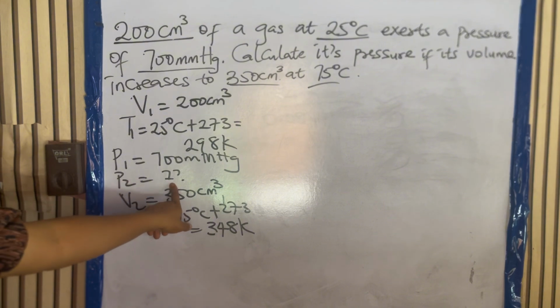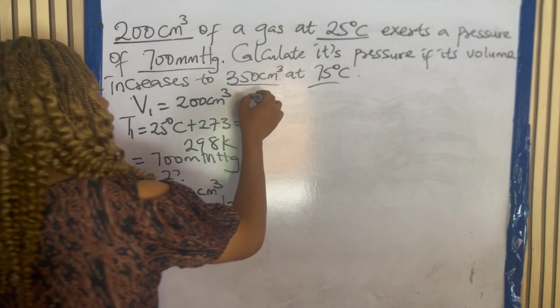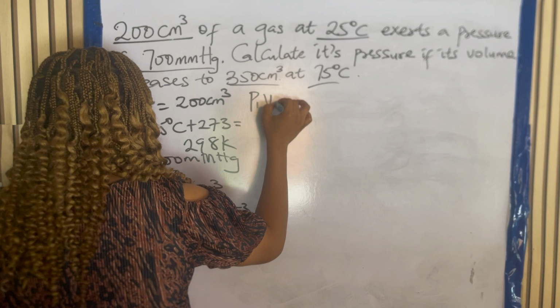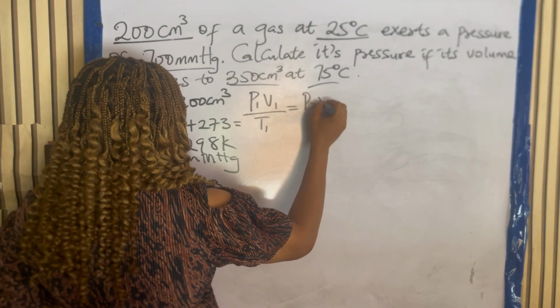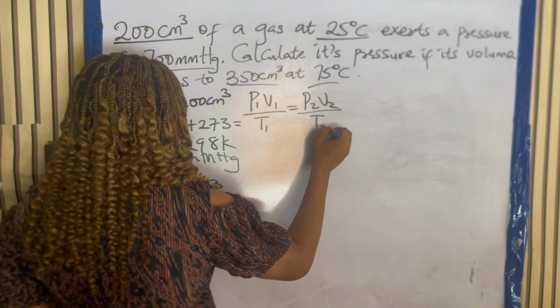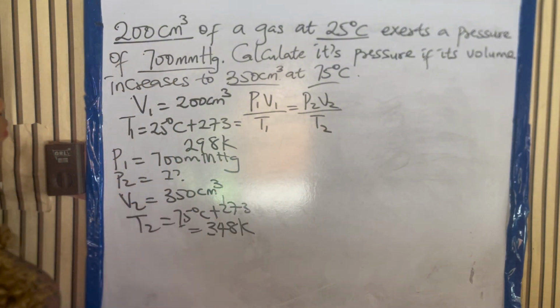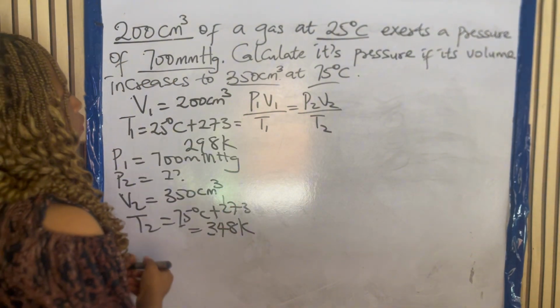So which formula are we going to use? We are going to use the general gas equation, which is P1V1 all over T1 equals P2V2 all over T2. So P1 is what?